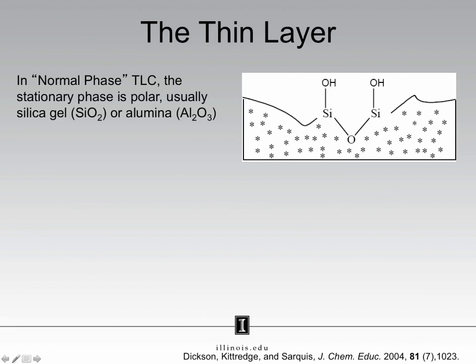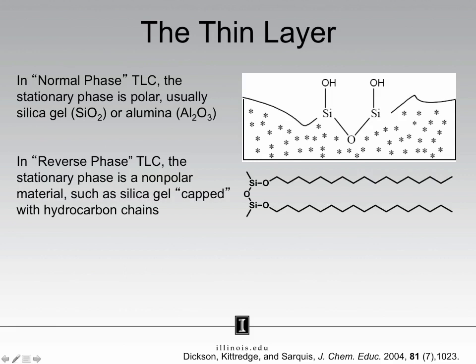The second general type of stationary phase is what is called reverse phase. In a reverse phase TLC, the stationary phase is a nonpolar material. The most common example of this is silica gel that has been what we call capped with hydrocarbon chains. As you can see here on the right, we have transformed our Si-OH bonds into Si-O-alkyl chain bonds.